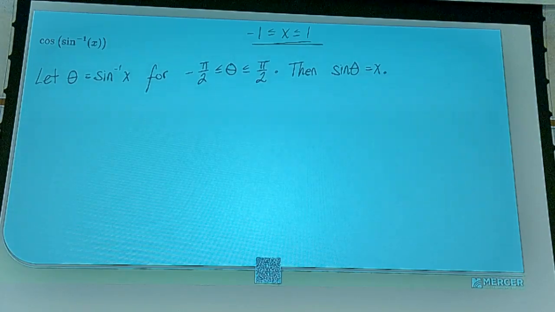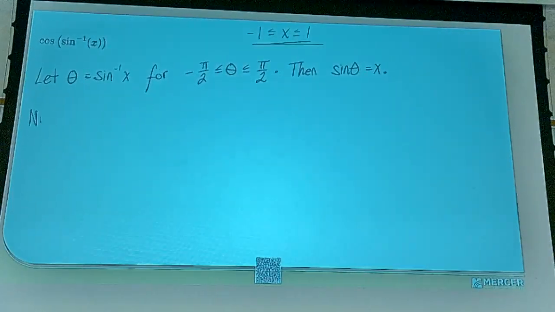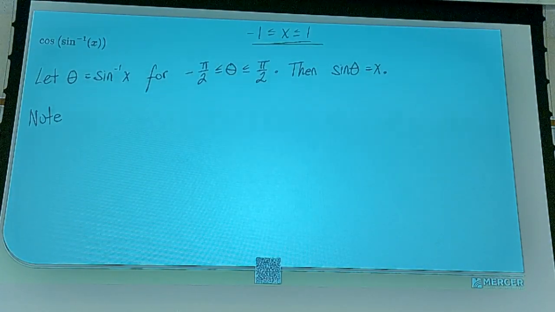All right, so we're going to have sine of theta is equal to x, theta from -pi/2 to pi/2. It's going to be basically the same argument as before, right?